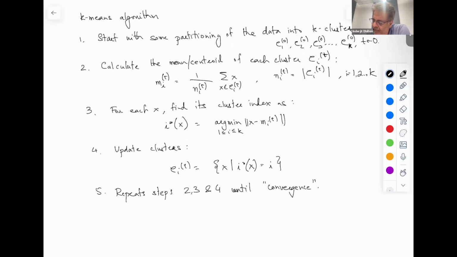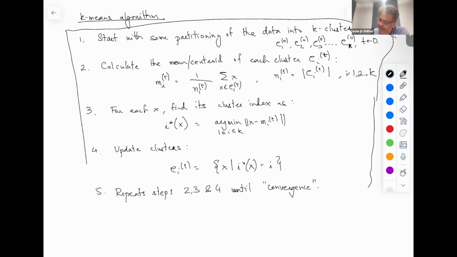So this is the algorithm. It's a kind of simple algorithm, but not always easy to understand what is going on.